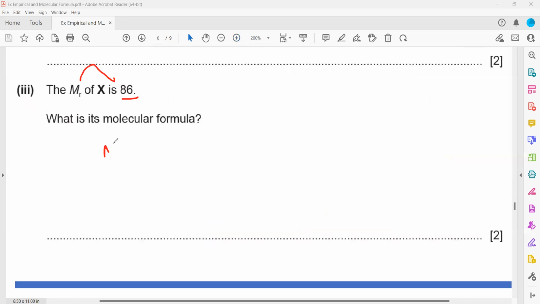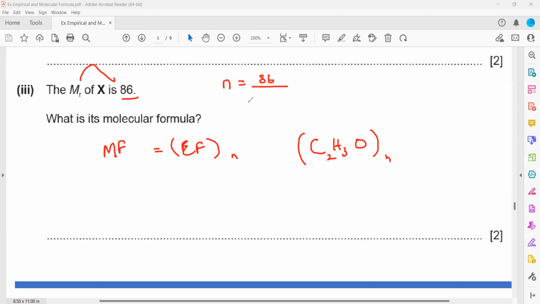The molecular formula is empirical formula times N. Empirical formula is C2H3O. That's the last answer. And multiplied by N. How to get the N? N is the molecular mass, 86, divided by empirical mass. Empirical mass is from empirical formula.